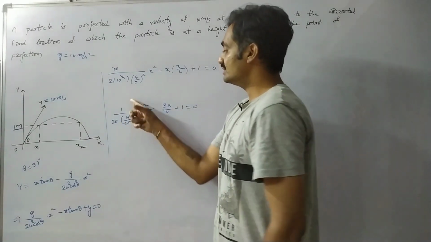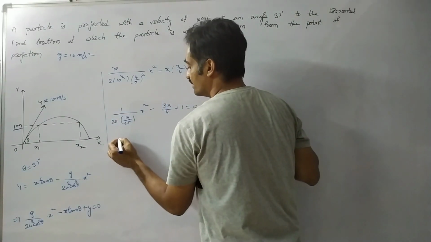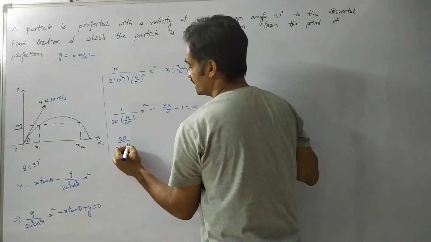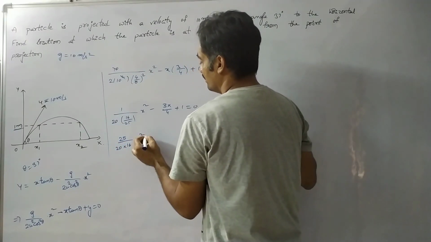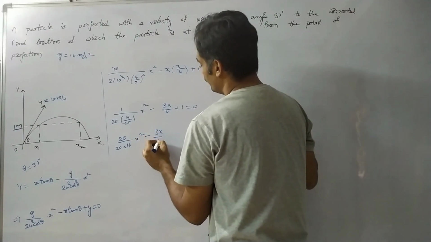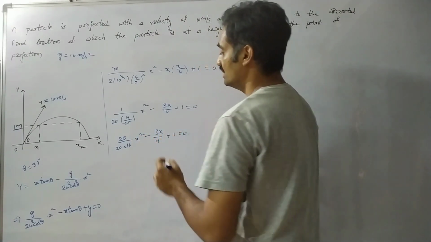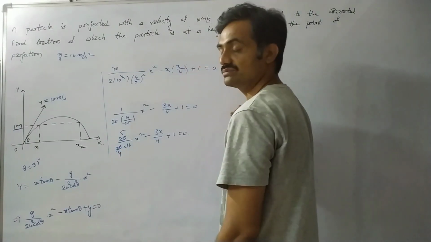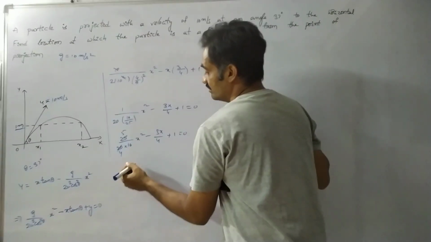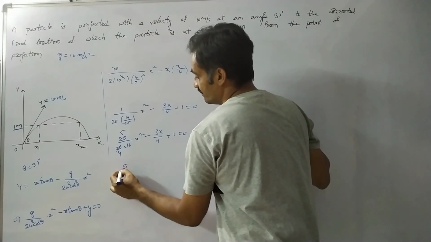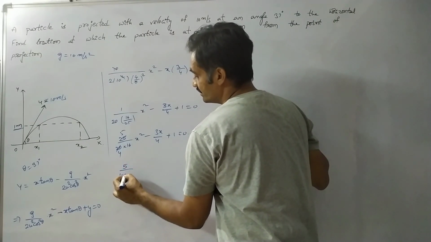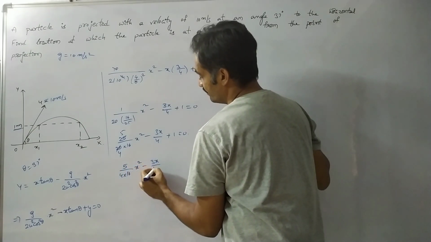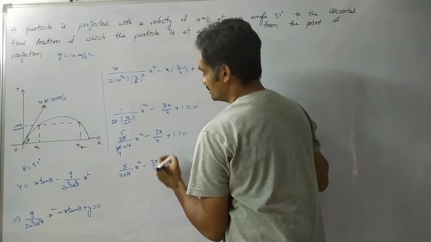So as this 25 goes to the numerator, we can represent it as 25 by 20 into 16 into x square minus 3x by 4 plus 1 is equal to 0. So here we know that 5 5s are 25, 5 4s are 20. Then based on that we can represent it as 5 by 4 into 16x square minus 3x by 4 plus 1 is equal to 0.